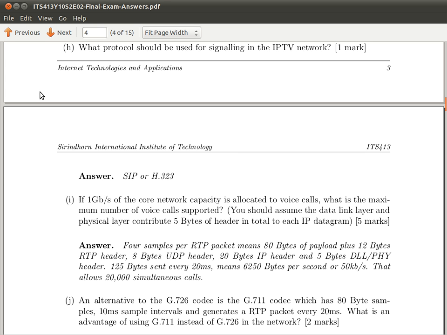So 20,000 calls. 20,000 times 50,000, was that our capacity? A million is 1 gigabit per second. I have to check the question. But it's the capacity divided by 50 kilobits per second. So the challenge there was working out the packet size.